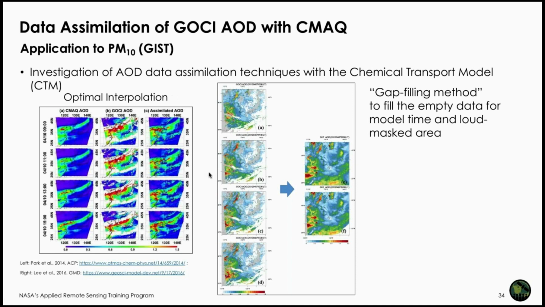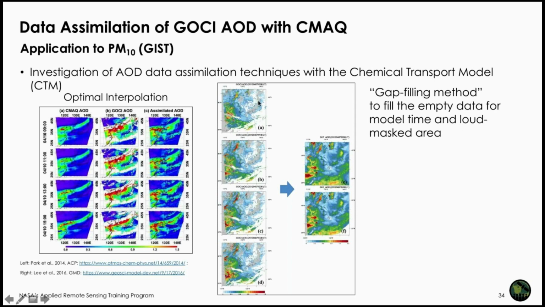There are many techniques to integrate chemical transport models and satellite measurements. The first method is called the optimal interpolation method, and the second one is the gap filling method, to fill the empty data in model time and cloud-masked areas.